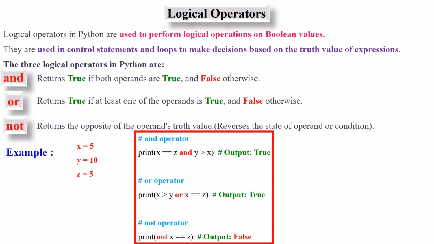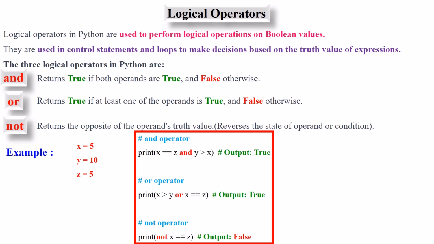In this case, the expression x equal to z evaluates to true because x and z both have a value of 5. The expression y greater than x also evaluates to true because 10 is greater than 5. Since both operands of the and operator are true, the overall expression x equal to z and y greater than x evaluates to true.